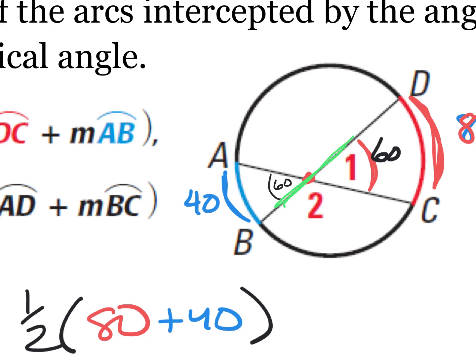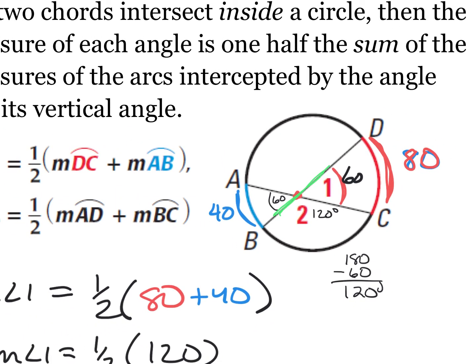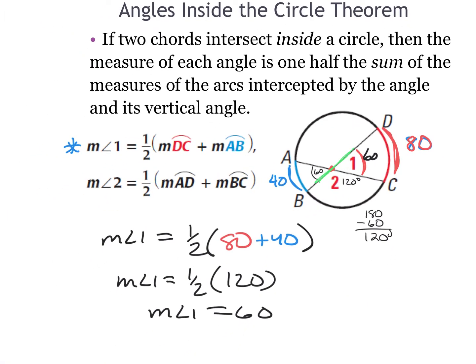So if I want to find the measure of angle 2, I could just do 180 minus 60, and angle 2 is 120. Again, we're still using skills from before to find these missing pieces. So this is angles inside the circle. They're floating on the inside.